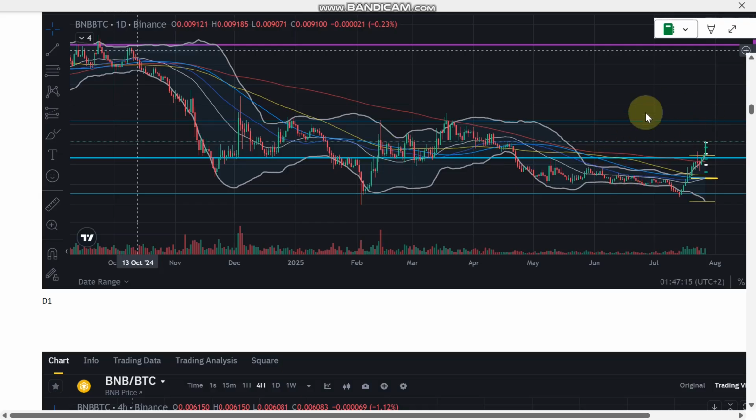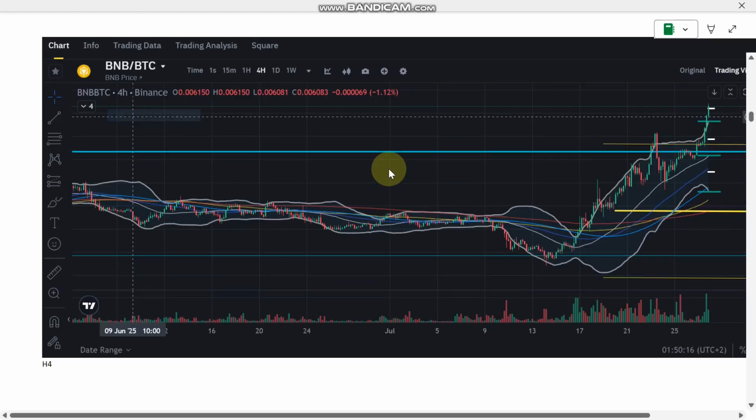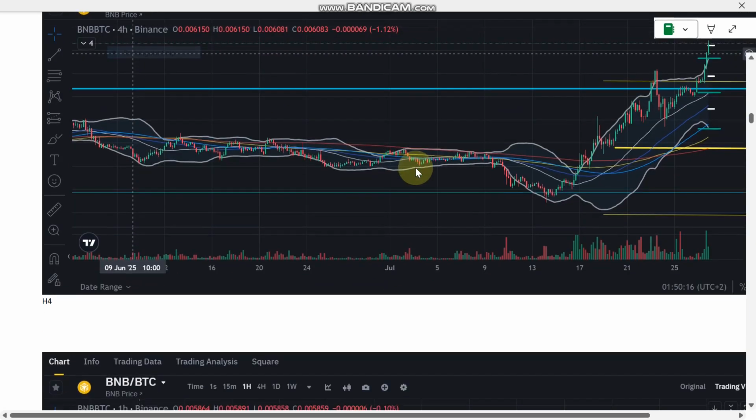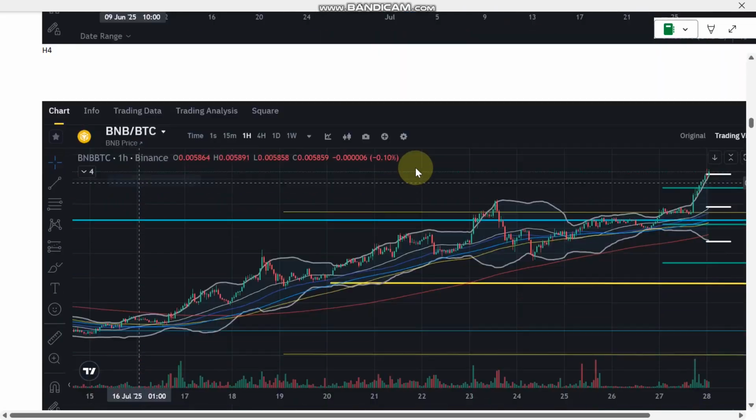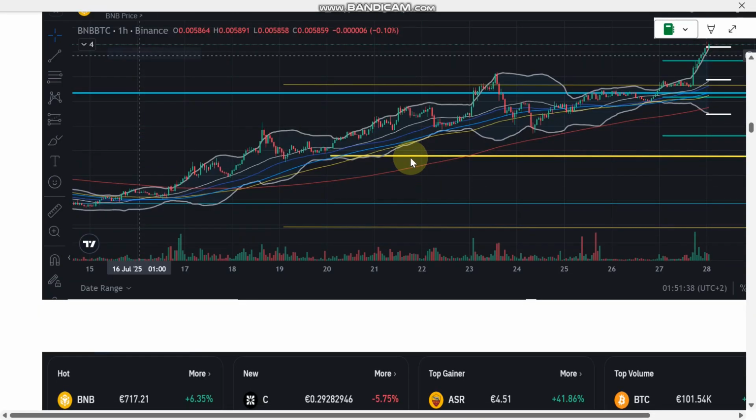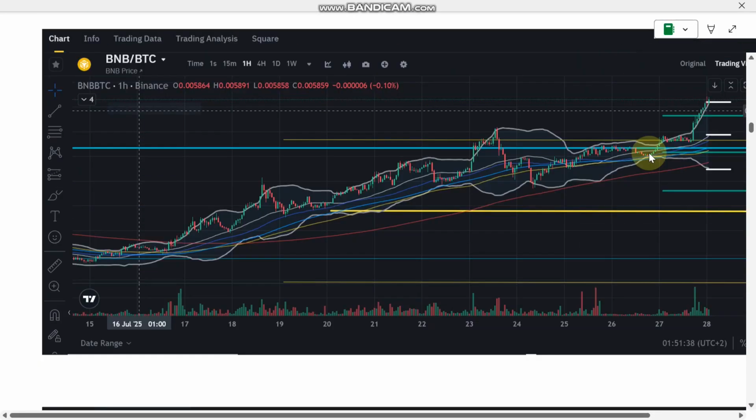It's coming back, but the guy here is still intact. They're coming. 1 hour climbing up above.